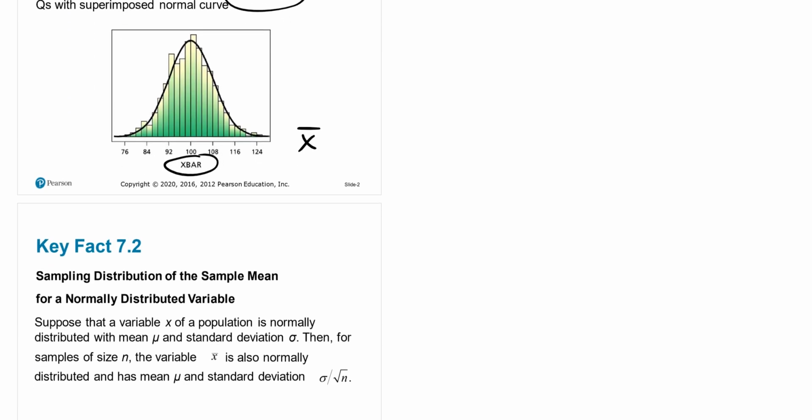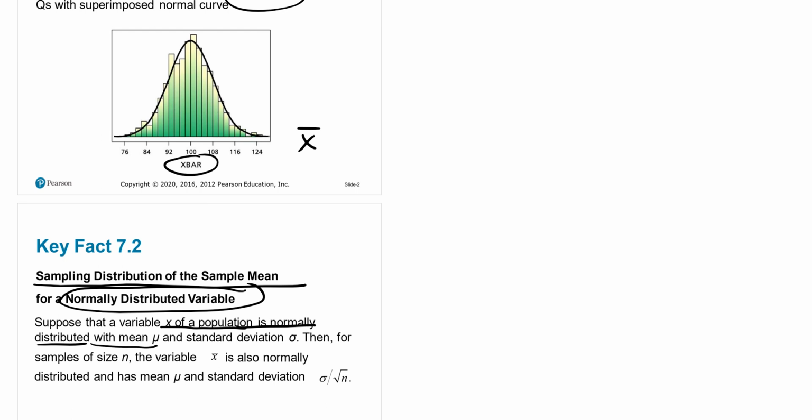Okay, so let's see what we have. First, the sampling distribution of the sample mean for a normally distributed variable x. Suppose the variable x for the population is normally distributed, with mean mu and standard deviation sigma.